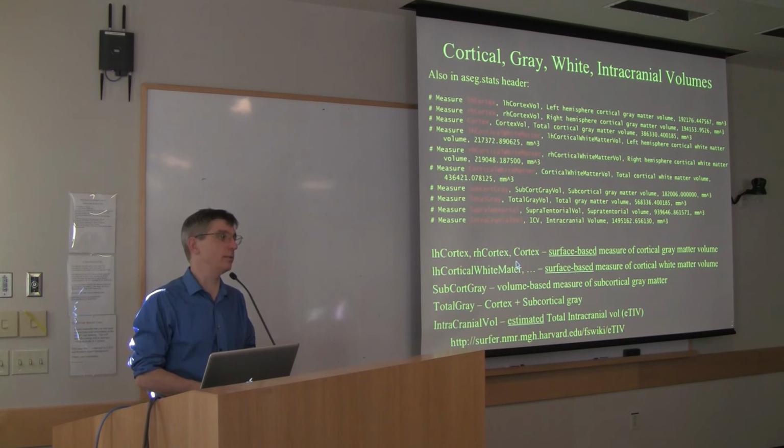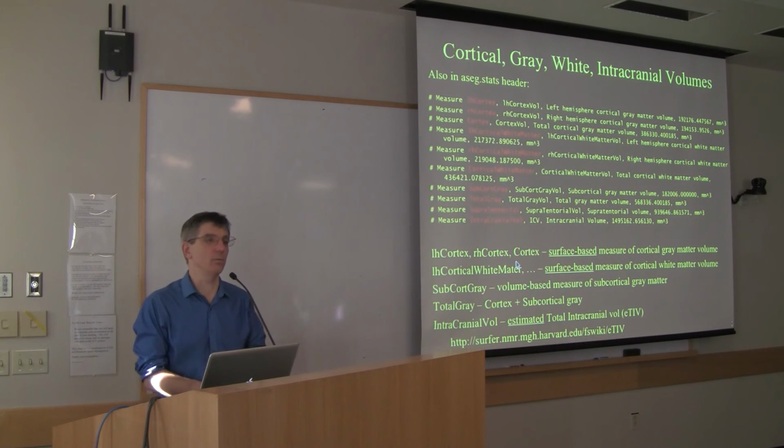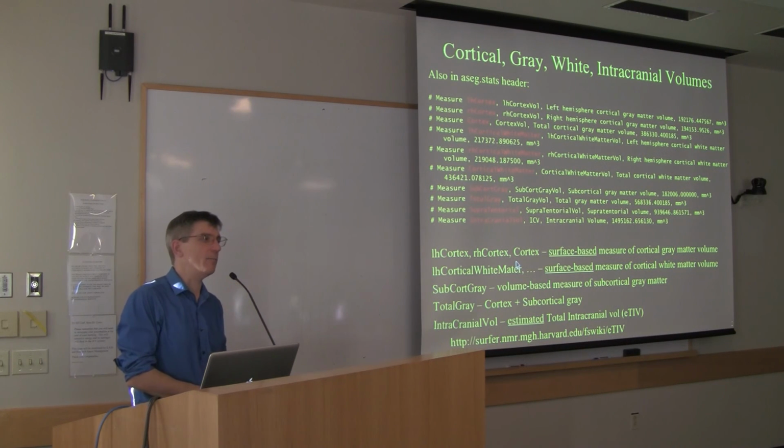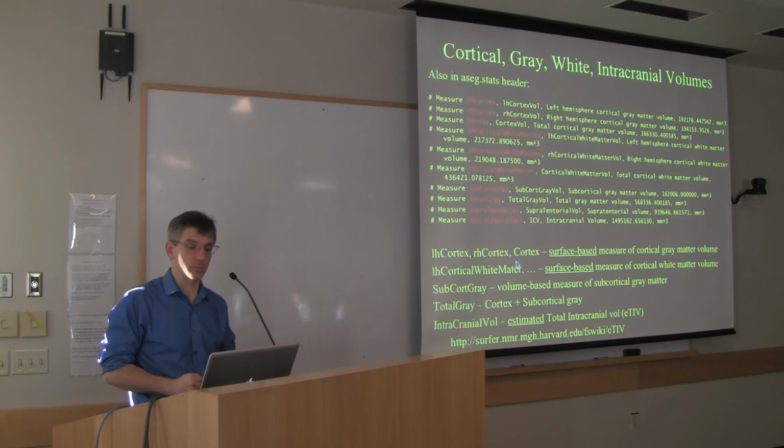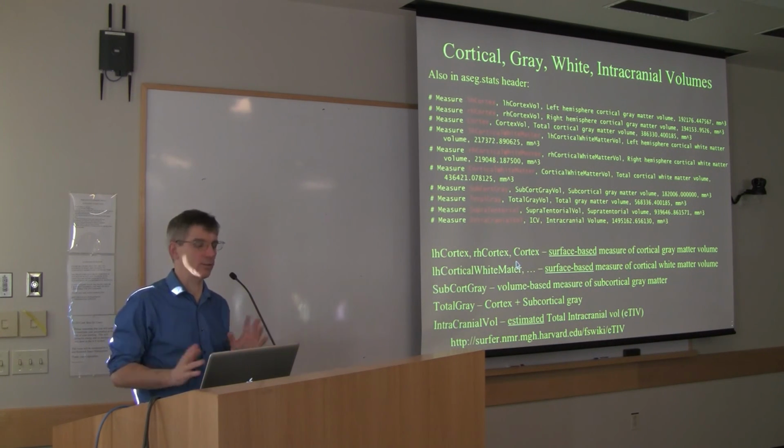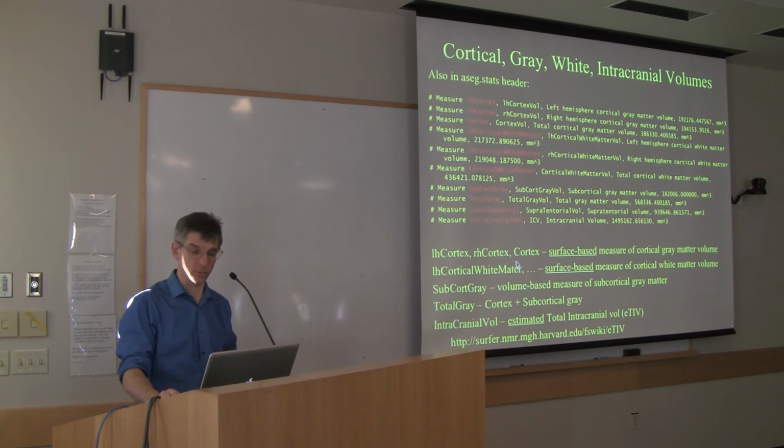So it's not the real intracranial volume you would get from a CT scan. This is an estimate. One of the things that means is that if you were to scan the same subject twice, you would get a little bit different estimate from one scan to the other. I just want to be clear on that because it generates all kinds of confusion.